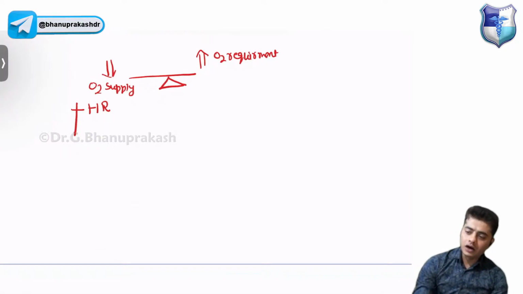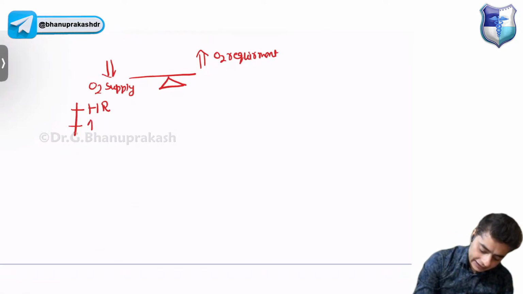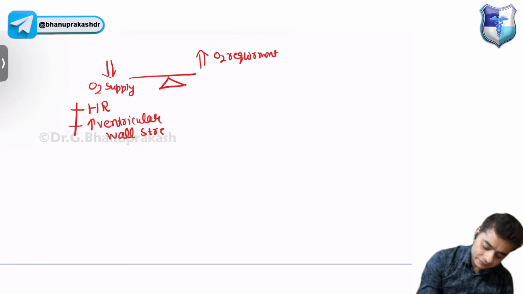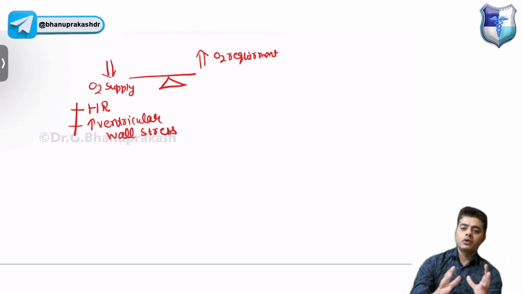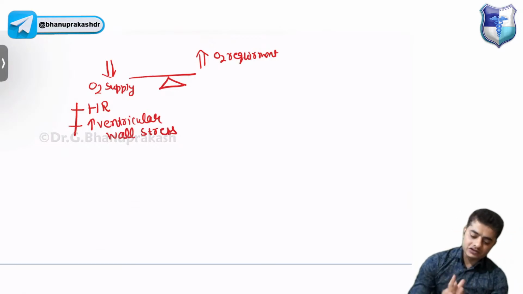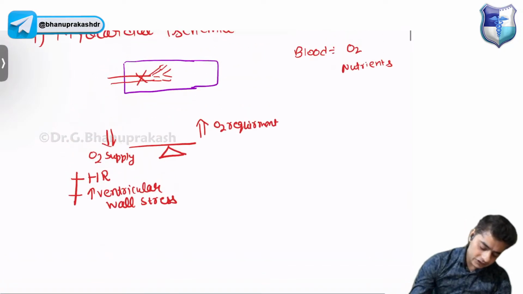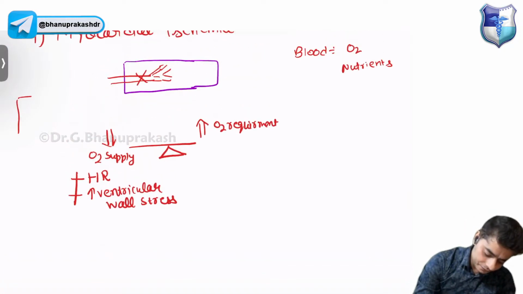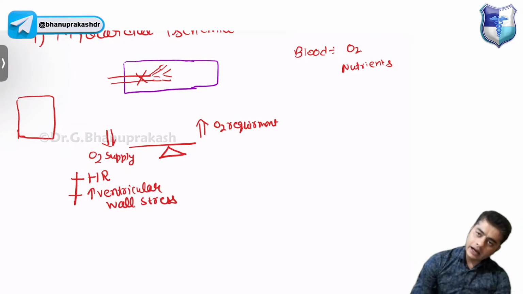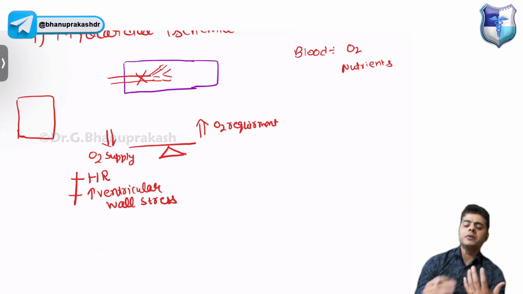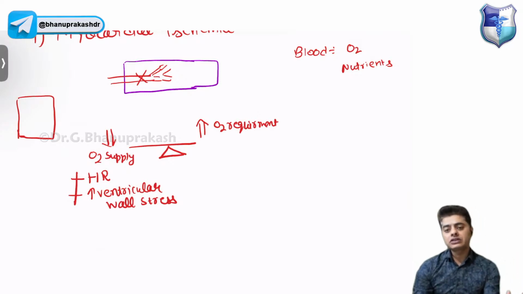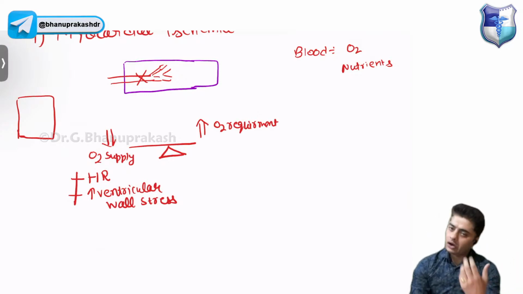After heart rate, there is an increase in ventricular wall stress. What do you mean by increase in ventricular wall stress? Suppose this is your myocardium and its size increases due to any condition, maybe because of hypertension, your left ventricle has gone into hypertrophy, LVH is there, or anything which has led to increase in myocardium size.